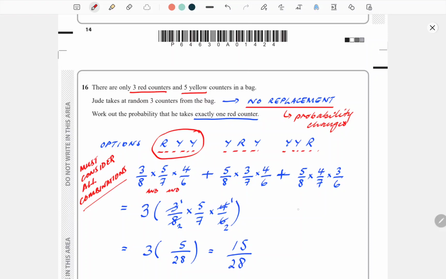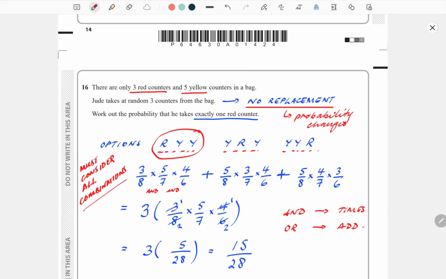Okay, in probability, and means multiply or times. Or means add. Right, so the probability of getting a red is 3/8 at the beginning.